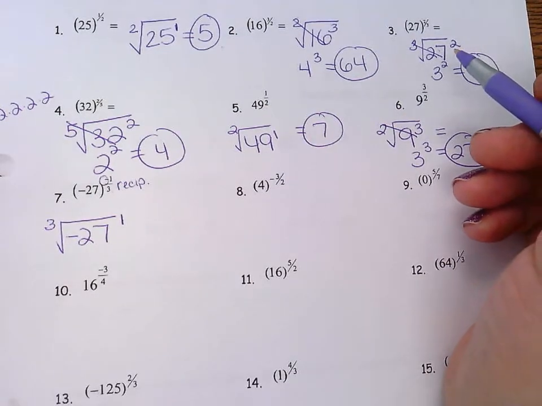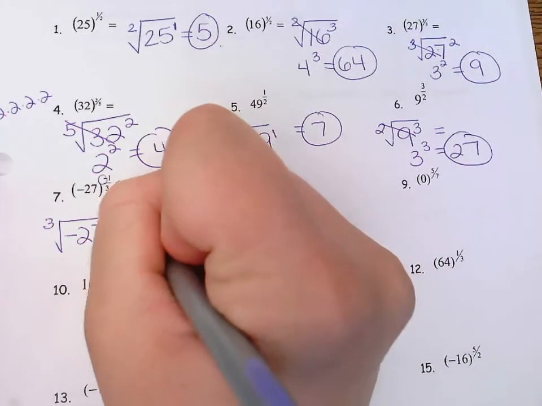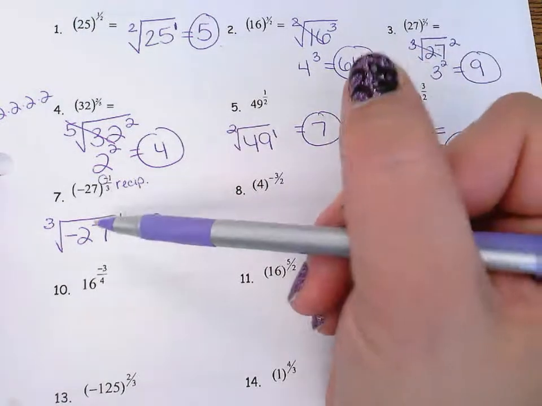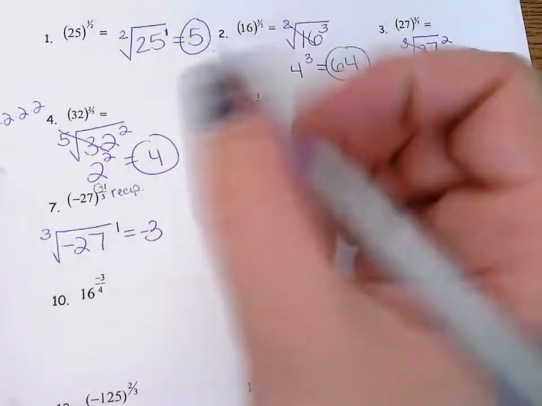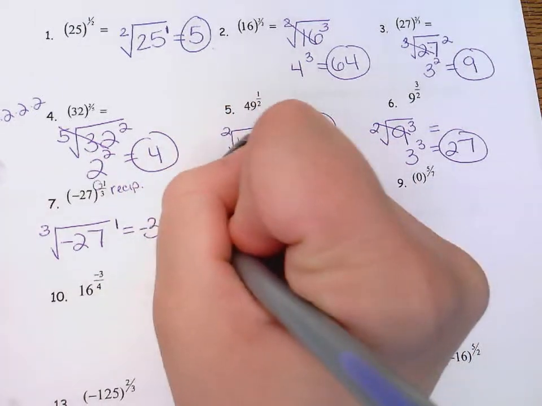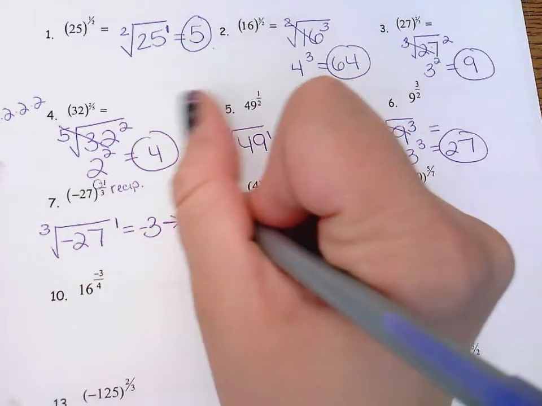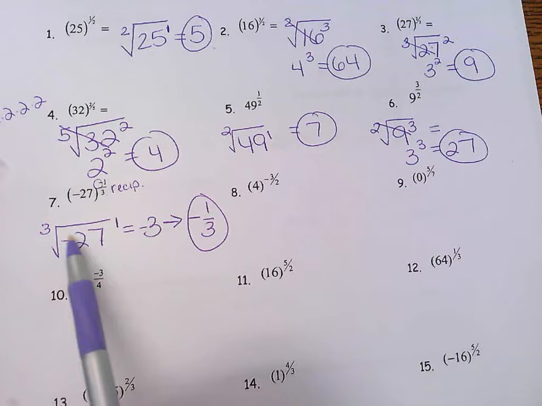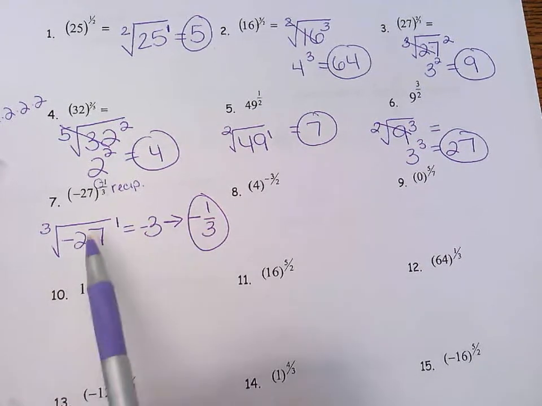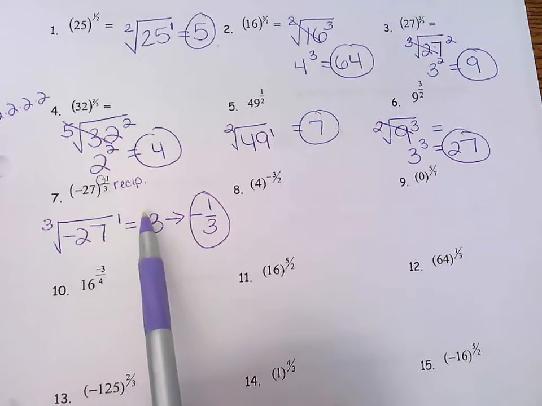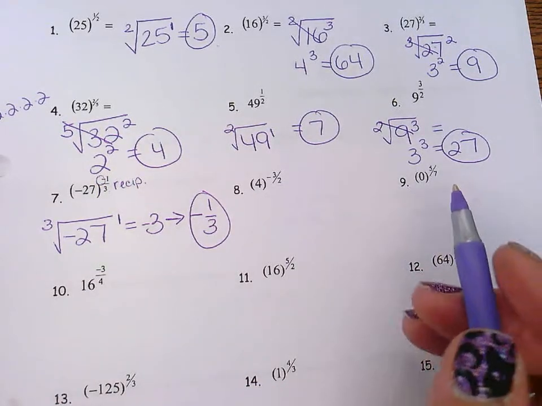The cube root of negative 27 is negative 3, because negative 3 times negative 3 times negative 3 would give me negative 27. The reciprocal of that number is negative 1/3. So the negative under the 27 makes the answer negative, and the negative up in the exponent makes it the reciprocal of what I got.